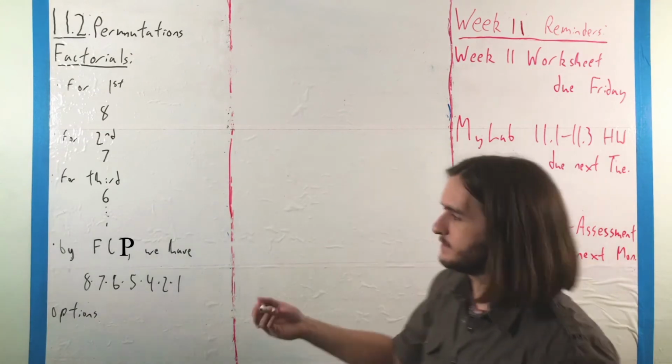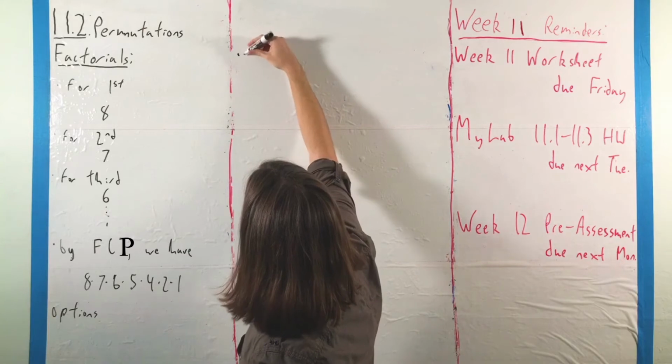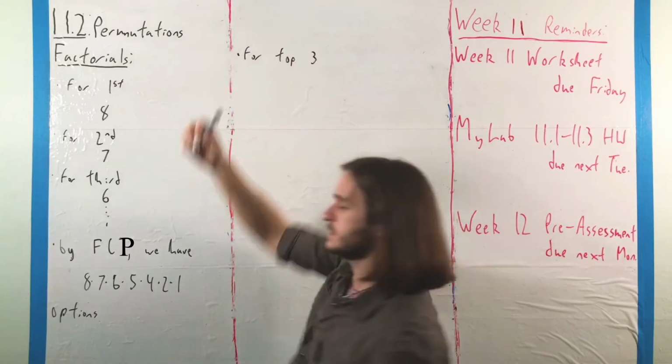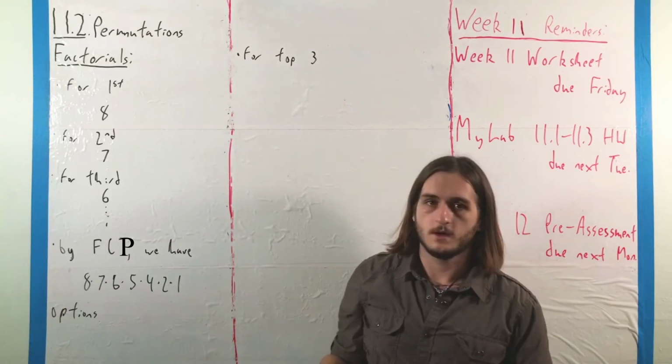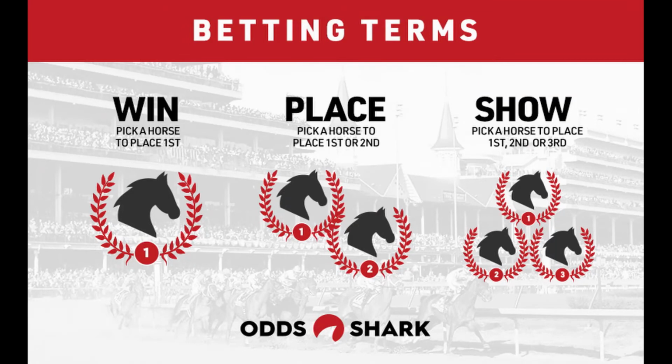And then if we want to think about something more specific, like let's say, in particular, we only want the top 3, because sometimes for those of you who are in states where gambling is legal, you might talk about placing. That's usually what they mean for the top 3.